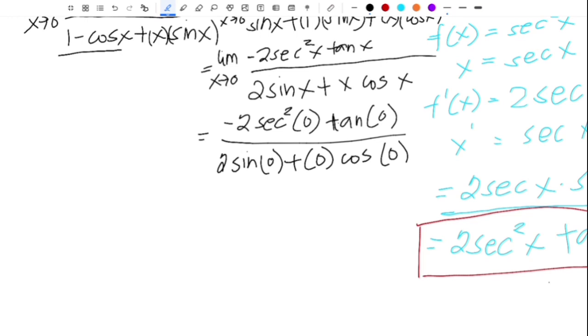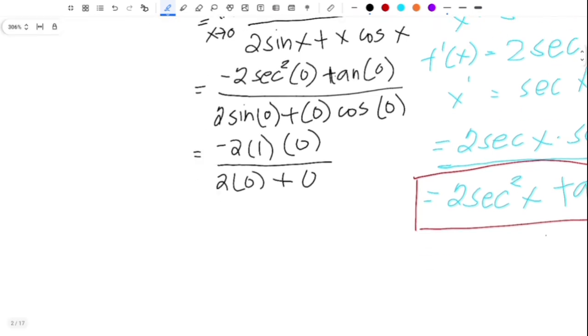And from here, since we already applied the limit, we can use our cycle to calculate each value. We have secant 0 squared is equal to 1. Then tangent 0 is 0, over 2 sine 0 is 0 plus cosine 0 is 0.